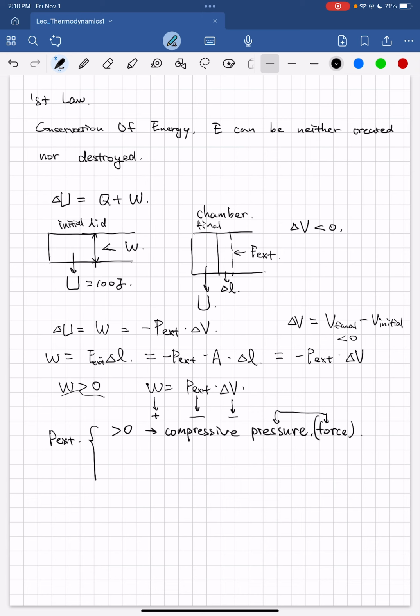It's just divided by the area, so it's the same concept. It's negative when the pressure is tensile. So you pull the lid. You pull this lid in this direction, and the volume increases. In this kind of situation, pressure is negative.